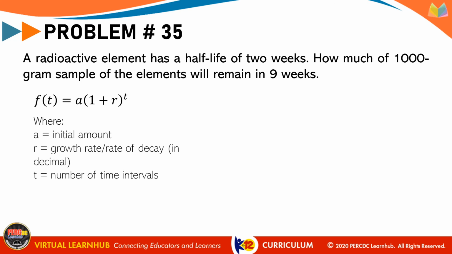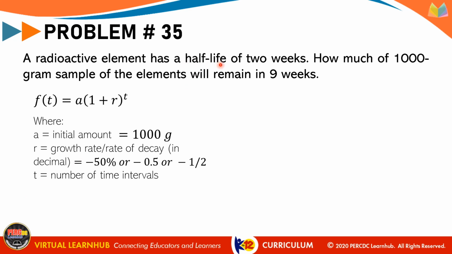So our initial amount based on the problem is 1,000 grams. And our rate of decay is negative 50% or negative 0.5 or negative 1/2. Why is that? Because based on our problem, it is half-life.